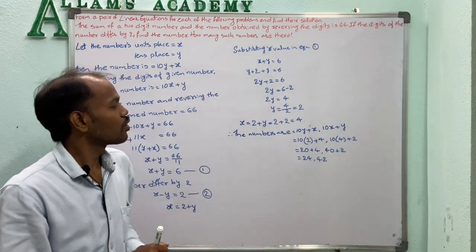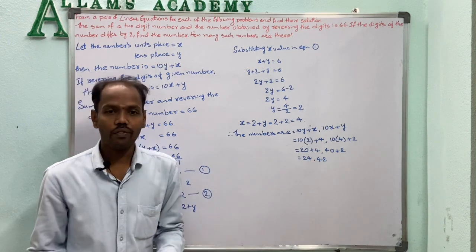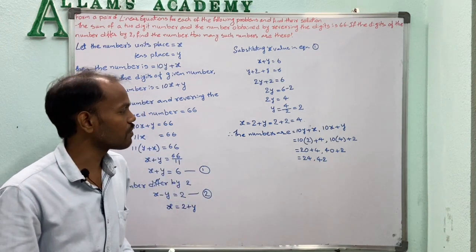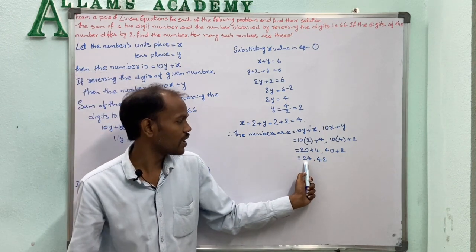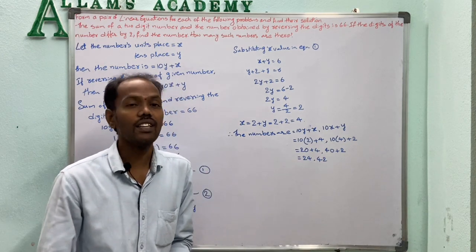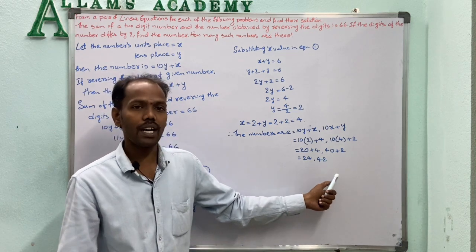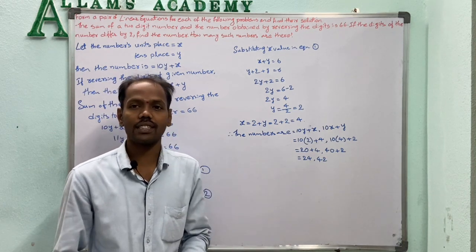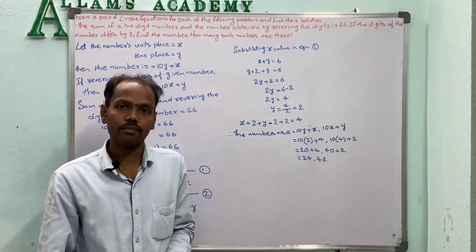So here two numbers are formed, one is 24, another one is 42. The addition of 24 plus 42 is 66. If the two digits are subtracted, 4 minus 2 is 2 only.